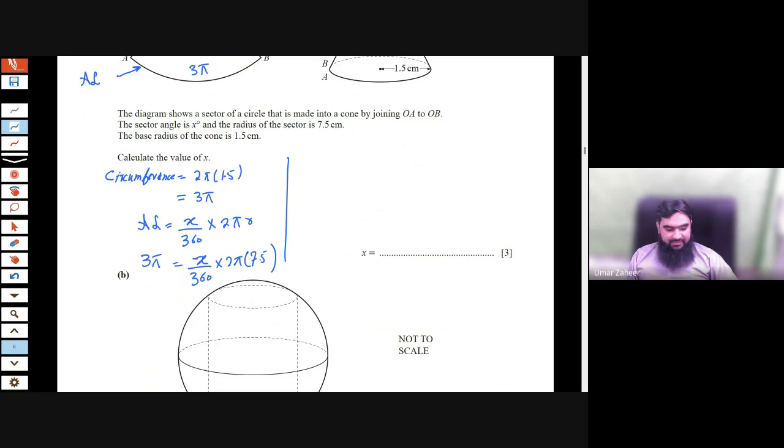Now from here we just have to make x the subject. So 3 pi multiplied by 360 divided by 2 pi into 7.5. Yes, everyone. Any question?